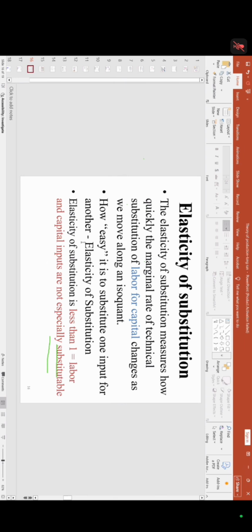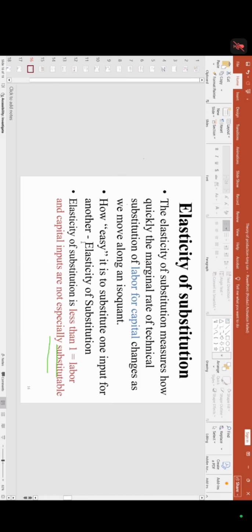Do we have to compromise 100 of the other when increasing one, or only 5? So simply, the elasticity of substitution of the marginal rate of technical substitution means labor for capital, right? When labor is increased, how much must capital change? Simply put, how easily can we substitute one input for another.